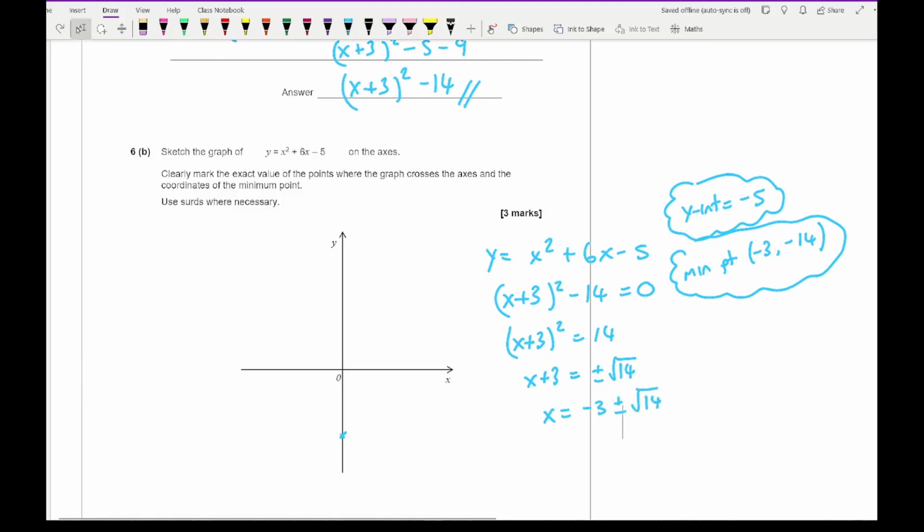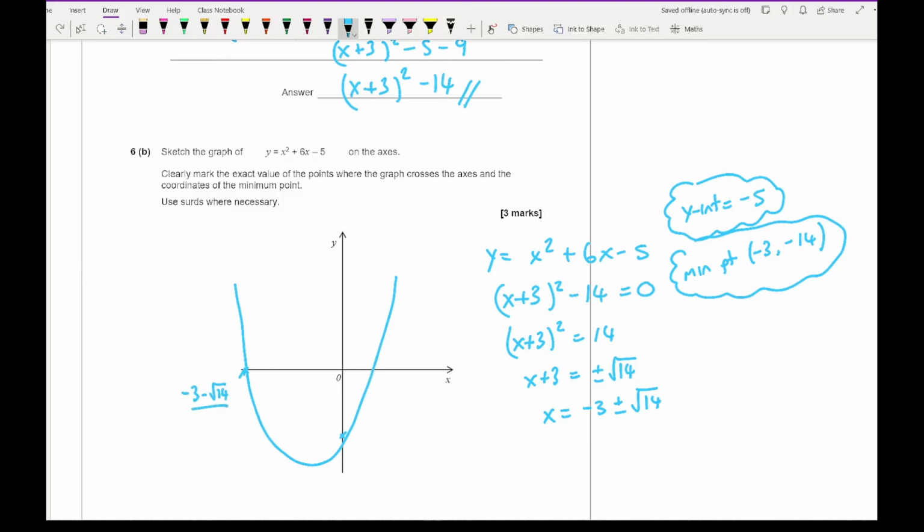Then from this, what I can do is my sketch. Let's start by drawing our parabola, and don't worry about the markings of this. This one is going to be minus 3 minus root 14.